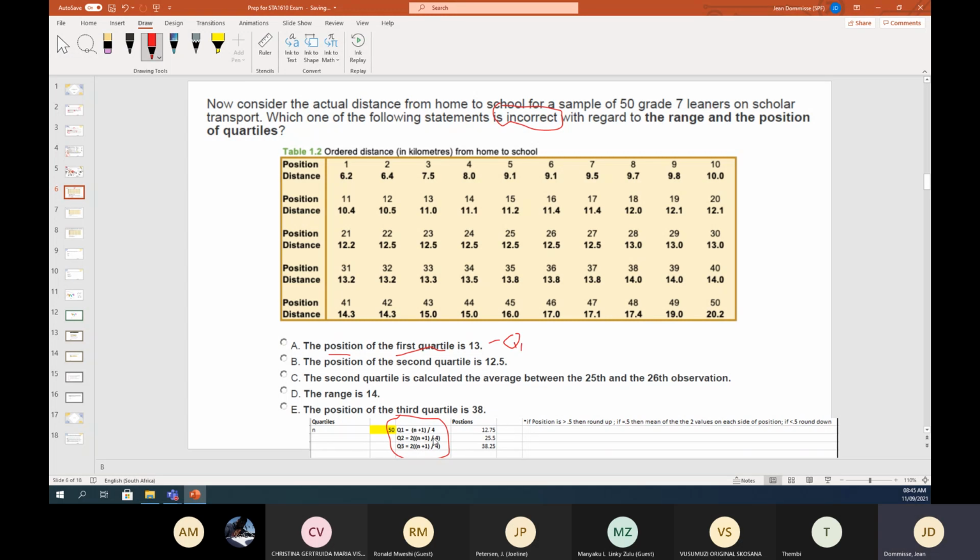Okay, for Q1, here's the nice formula: n plus 1 divided by 4. From this formula, you could have had 1 in front, just to make it easier. 1 goes with quarter 1, 2 goes with quarter 2, and 3 with quarter 3. So just check your formula.